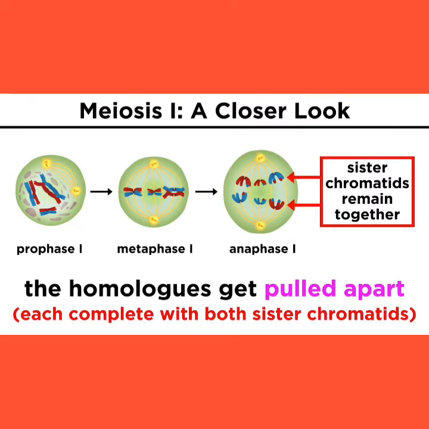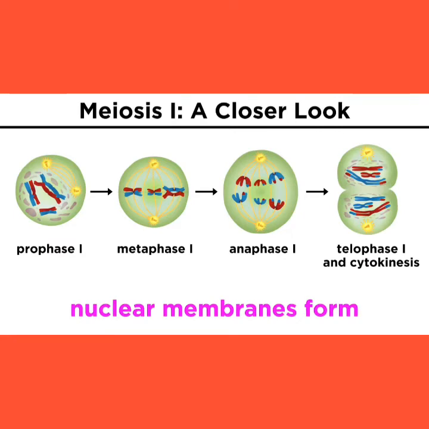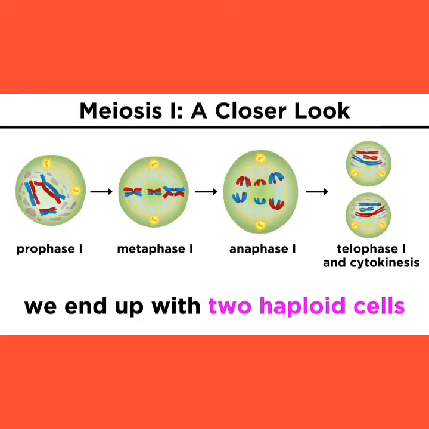Notice that both chromatids of each chromosome are pulled to one side or the other together, rather than being pulled apart at the centromere like in mitosis. Lastly, in telophase I, the nuclear membrane reforms, cytokinesis occurs, and we get 2 haploid daughter cells.